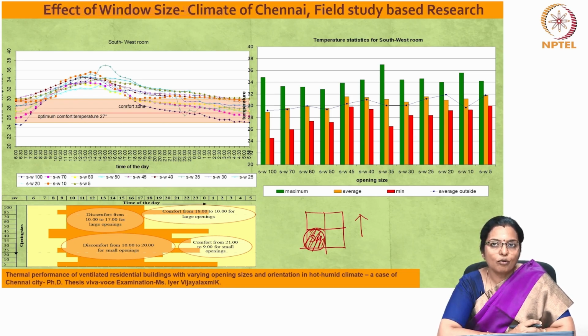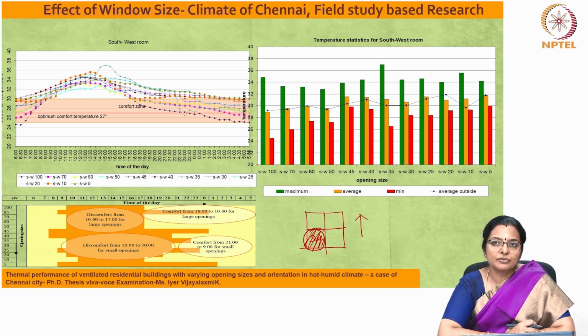The rate of fall of indoor temperature in the evening is low as the western wall releases the absorbed heat. The indoor temperature falls only by 2 degrees centigrade from 6:30 in the evening to midnight 1:30, that is in 7 hours' time. Hence, as the opening sizes decrease, that is, wall area increases from 50%, the indoors are relatively warmer.